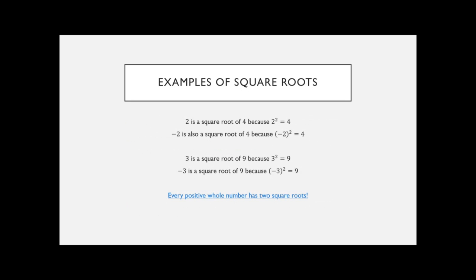So back in week 1, when we were talking about order of operations, whenever we took the square root, we used the positive version. If you took the square root of 4, you would say 2. But technically, there are 2 square roots. There's also a negative version. Every positive whole number has 2 square roots, a positive and a negative version.